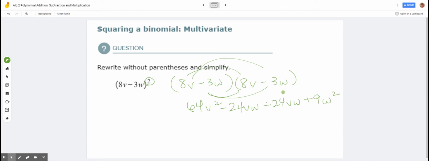Negative times negative is a positive. Be careful. These combine, you're going to get 64v squared minus 48vw plus 9w squared.